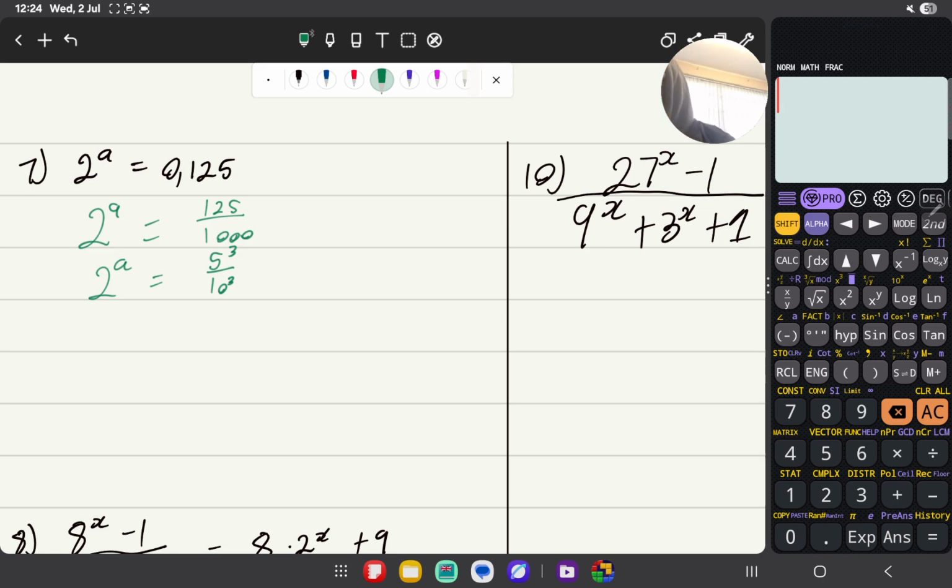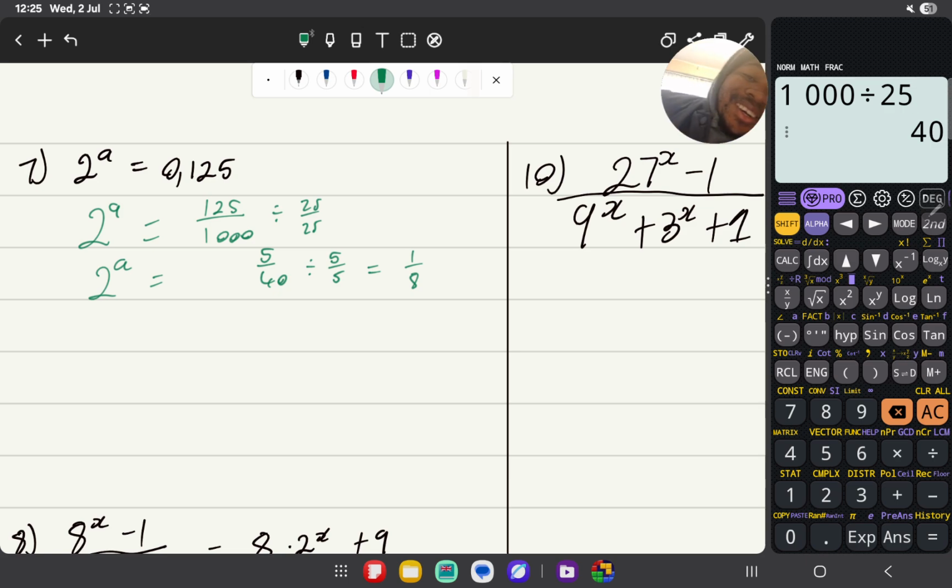But also, check this out. 1000 divided by 25, right? So if I divide by 25, I believe 5 over 40, and I divide by 5 both sides. In fact, I could have divided by 125. If I divide by 5, then this is gonna be 1 over 8.